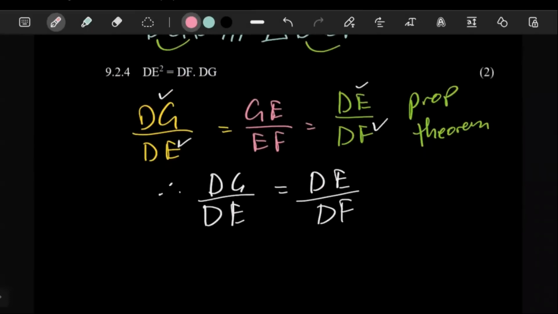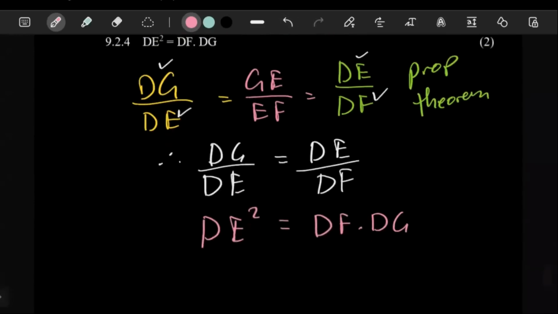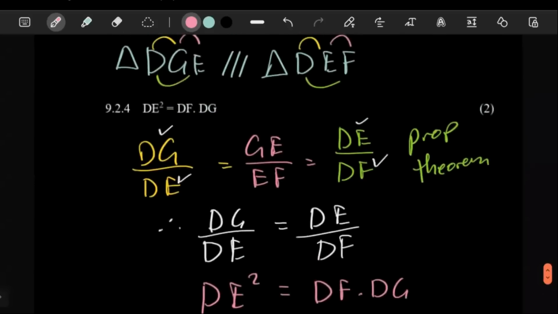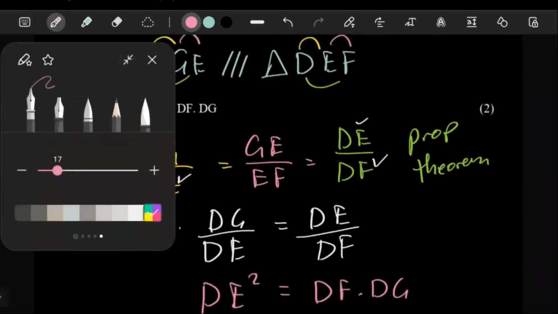DE times DE gives you DE squared, and DG times DF gives you DF times DG, like they want us to do here. That's why this is just a 2-mark question, because you're literally just doing something basic and straightforward. So let's move on to the next one.